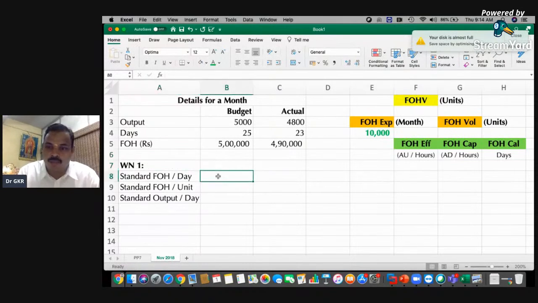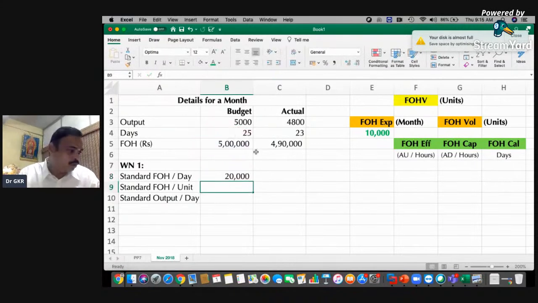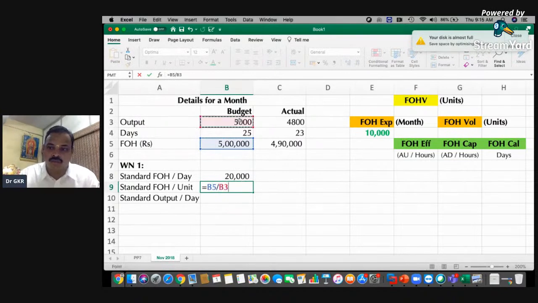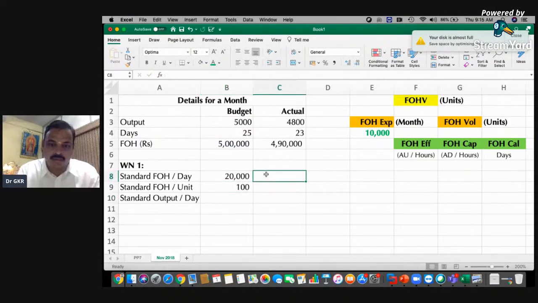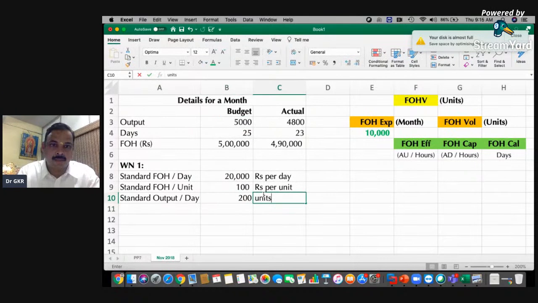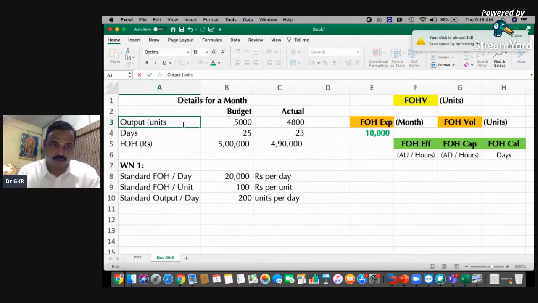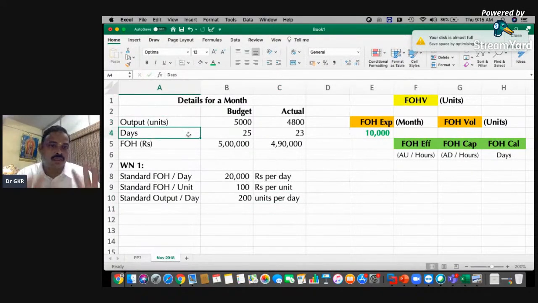Standard fixed overhead per day is 5 lakhs divided by 25 days, so per day you spend 20,000. Per unit, 5 lakhs divided by 5,000, so it is 100 rupees per unit. And how many output per day? 5,000 output for 25 days, then 200 units per day. This is your standard.